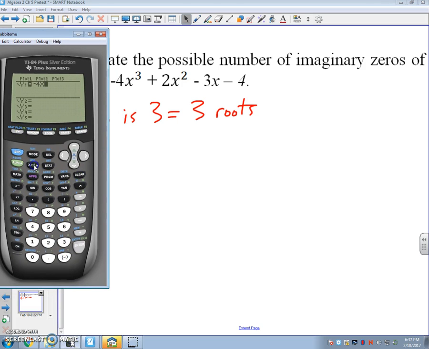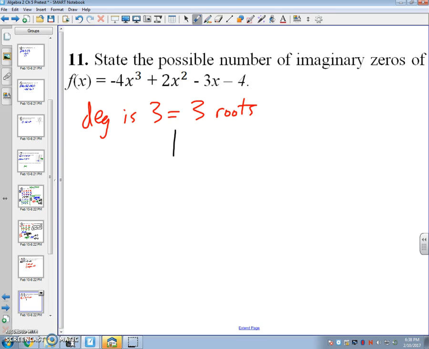Negative 4x to the third power plus 2x squared minus 3x minus 4. Graph. Again, 1 real root. So 1 real. If there are 3, that means 2 are imaginary. So our answer is 2 imaginary roots.